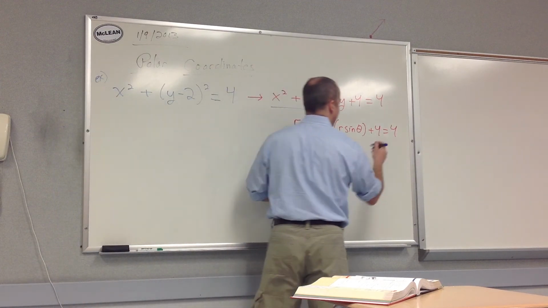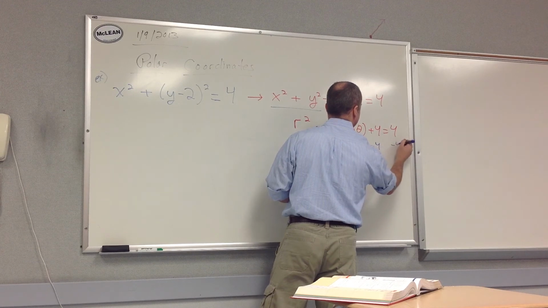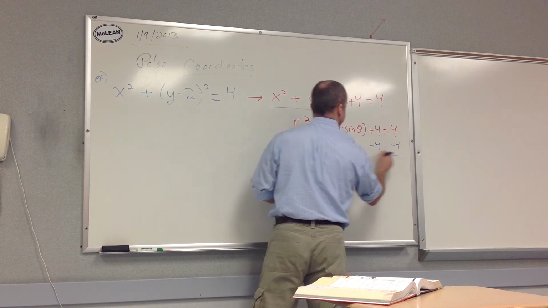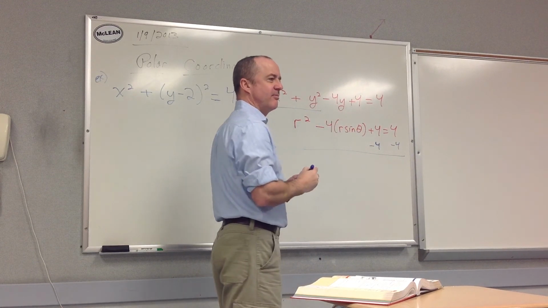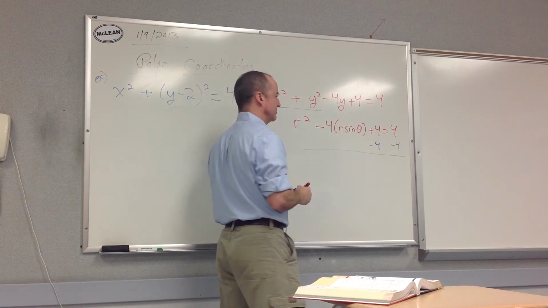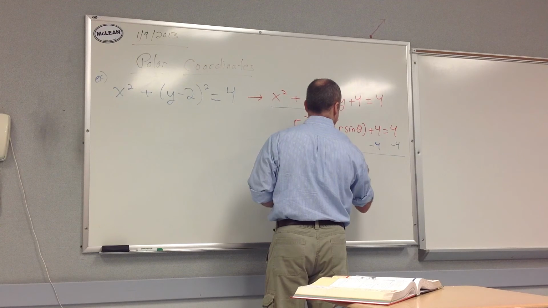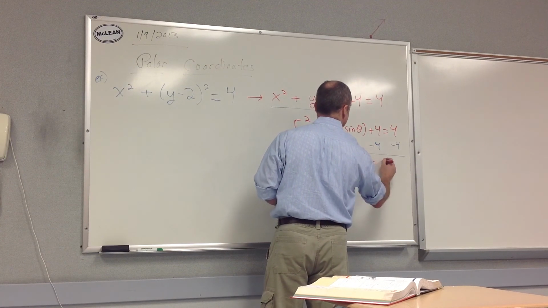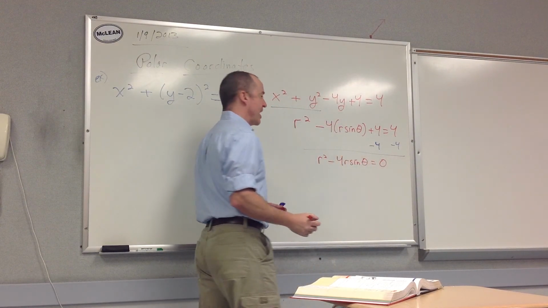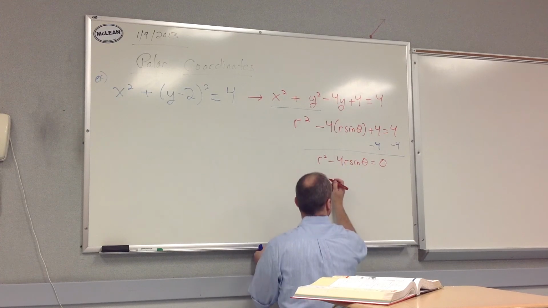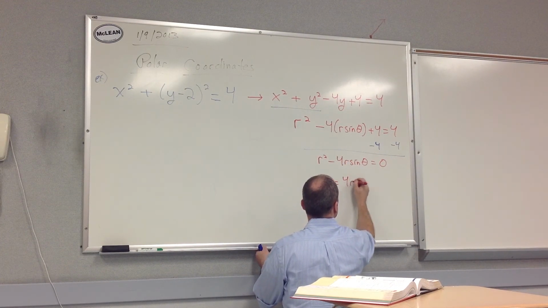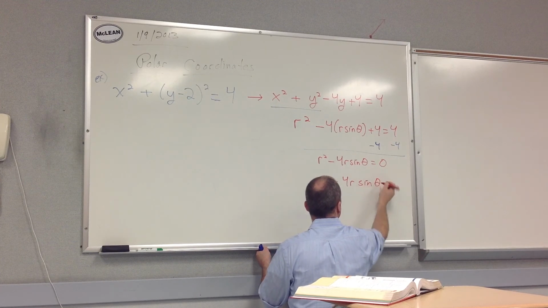Incidentally, I can also subtract 4 from both sides. Anybody catch that that was possible? So this gives me r squared minus 4r sine theta equals 0. I am now going to add 4r sine theta to both sides, and it gets me r squared equals 4r sine theta.